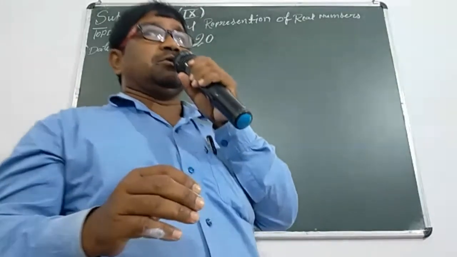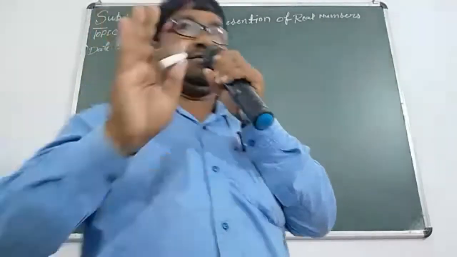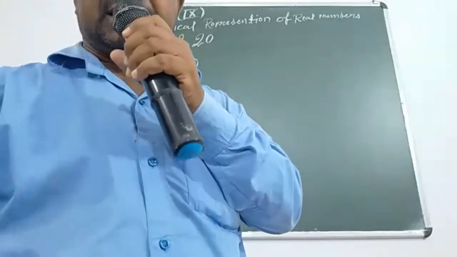So we are starting our first question. First question is, find three irrationals between 5 upon 7 and 9 upon 11.